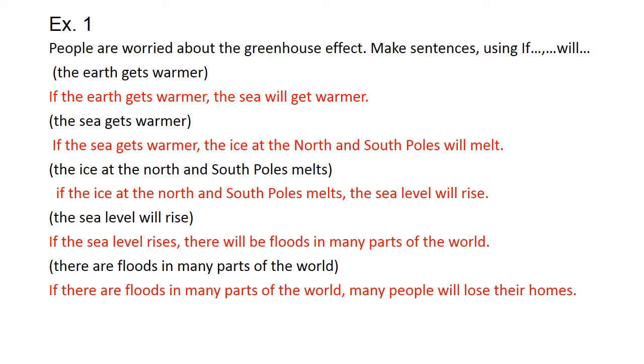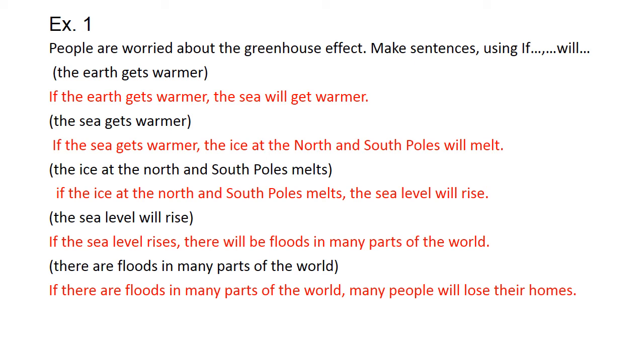I should say, if I use if and will, I should say if the earth gets warmer, the sea will get warmer. If the sea gets warmer, the ice at the north and south poles will melt.